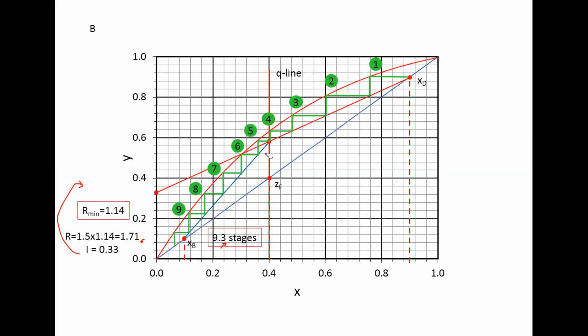It depends on the question. If you are asked for the minimum reflux for this kind of graph, you will be given the information of the feed, the composition of liquid and vapor in the feed, usually.